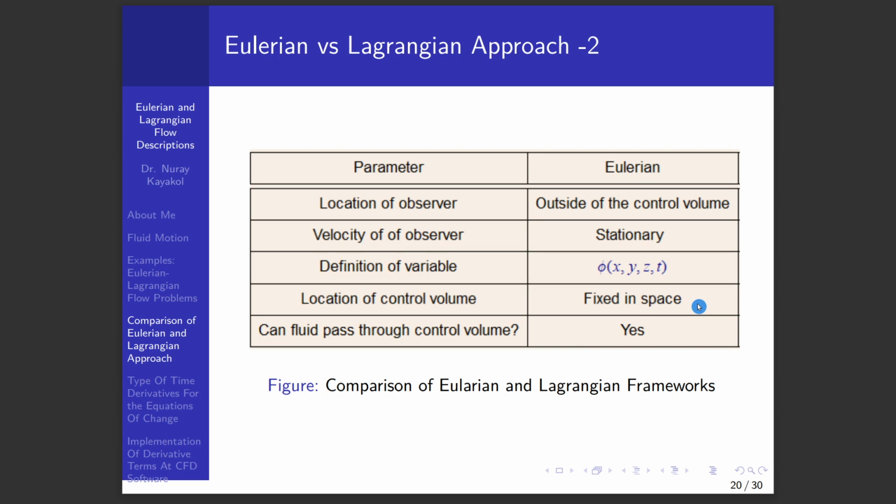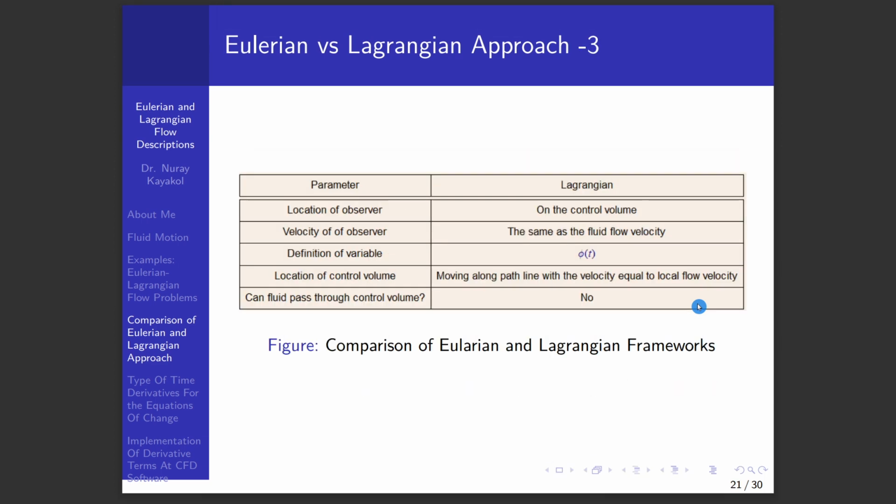If you remember the control volume, we calculate, for example, temperature in the middle of the control volume, or velocity on the faces of the control volume. On the Lagrangian one, in contrast to the Eulerian approach, the location of the observer is on the control volume, and the velocity of the observer is not stationary but the same as the fluid flow velocity.